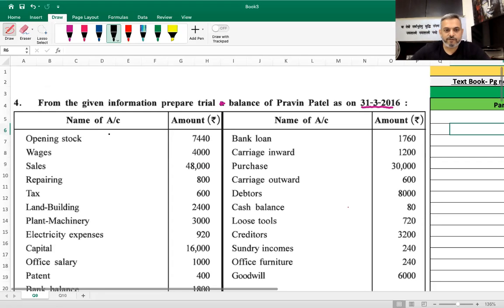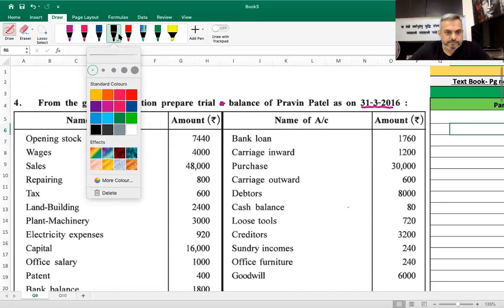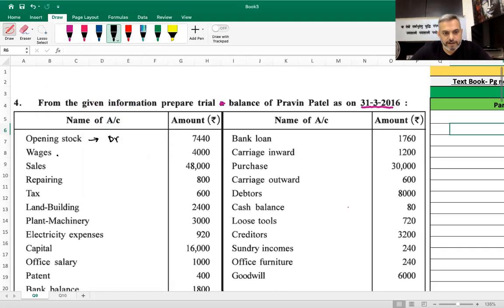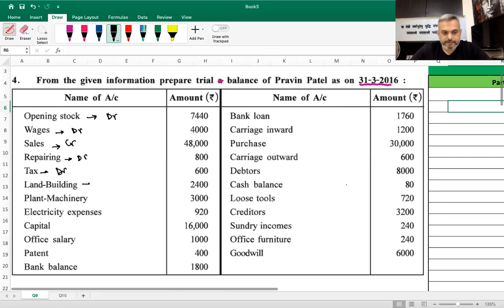Now we go to the first one, stock. Opening stock is our asset, so you write debit over there. Then wages is our expense, so debit. Sales, goods goes out, credit. Repairing, expense, debit. Tax, debit. Land and building, can you tell me? Debit.